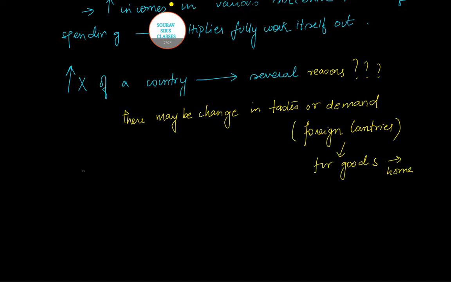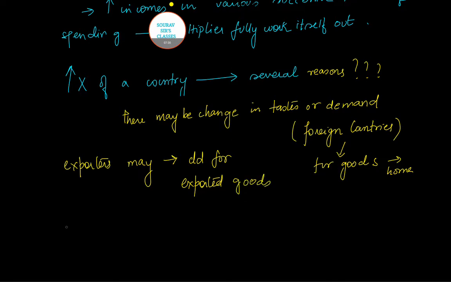So to begin with, the exporters may meet the demand for exported goods by selling their inventories and enjoy higher incomes.